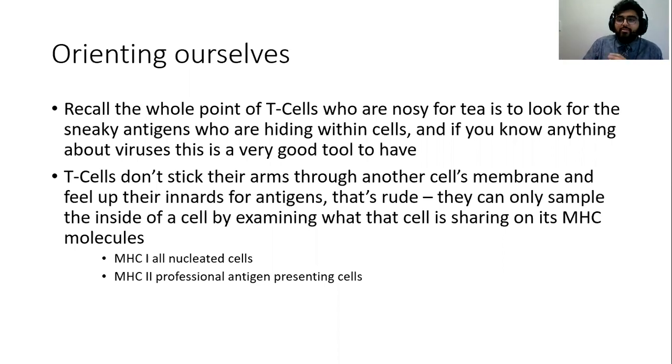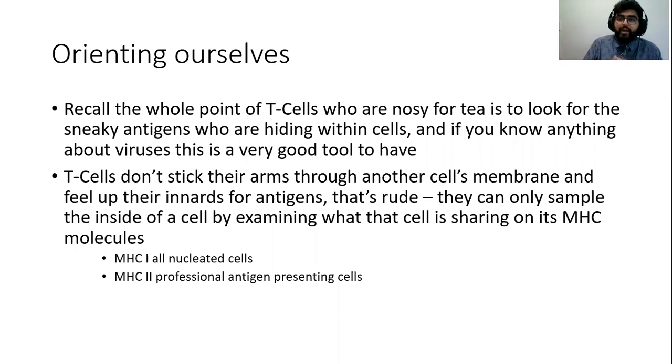So again, the T cells don't stick up their arms into other cells and feel for antigen. No, they have to use these MHC molecules. And these MHC molecules are essentially a sample platter of the protein environment or the antigen environment inside a cell.